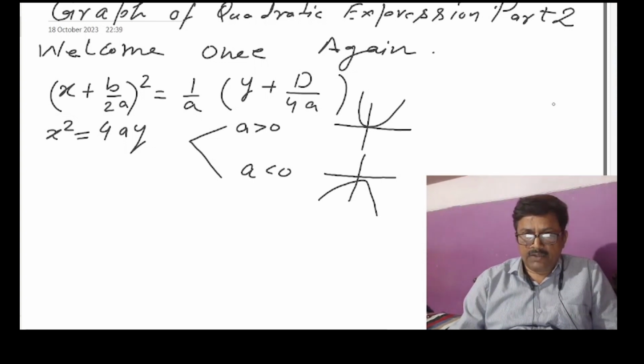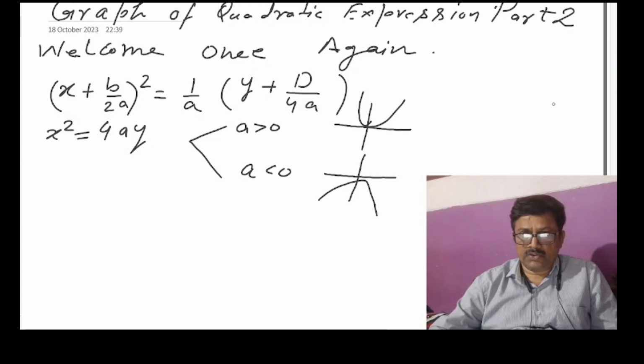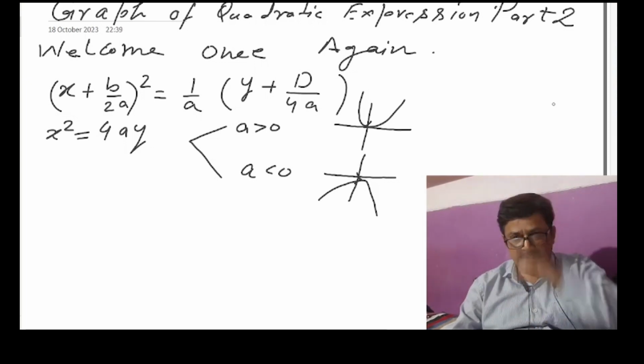Here one thing you can notice: in this equation of parabola, the vertex is 0, 0, the origin. But not in each parabola is the vertex the origin.